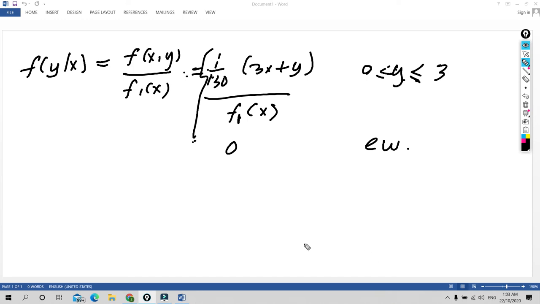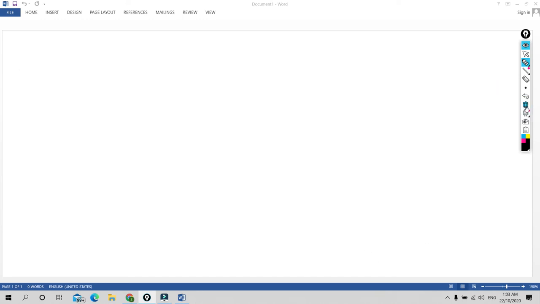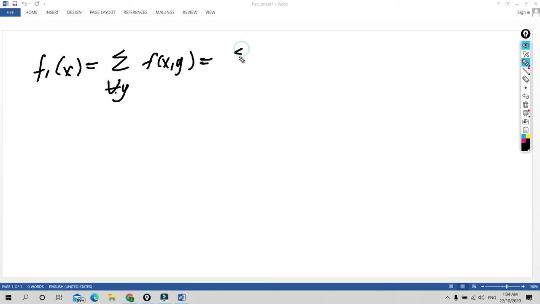f sub 1 of x is equal to the summation for all y of f(x,y), so for y between 0 to 3, the function is 1 over 130 times (3x plus y).